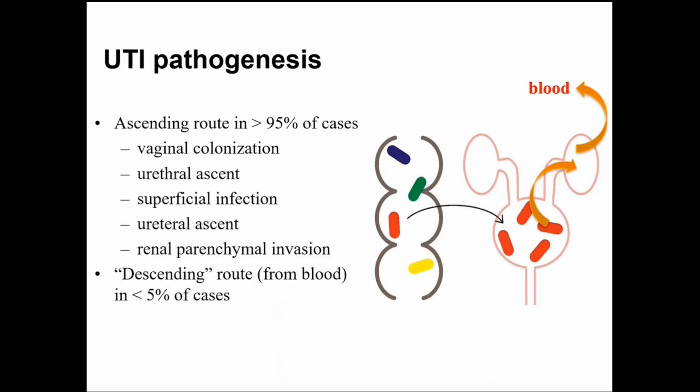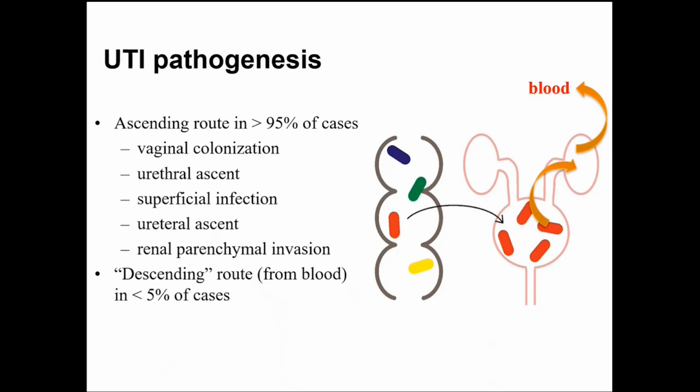Many cystitis cases will stop at that point. Some will ascend further up the ureters, reaching the kidney, and at that point it's a kidney infection, and some of these bacteria will invade the parenchyma or the tissue of the kidney. Once that happens, it's a fairly low barrier to invading the bloodstream at that point. So that is the ascending route of UTIs.